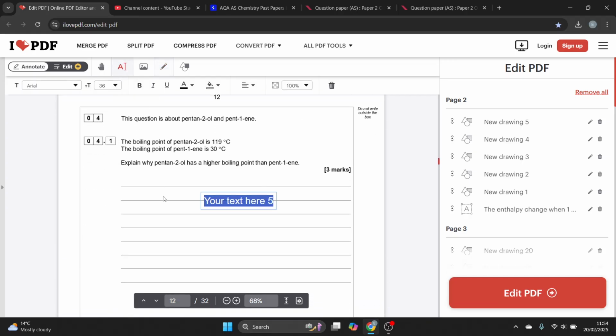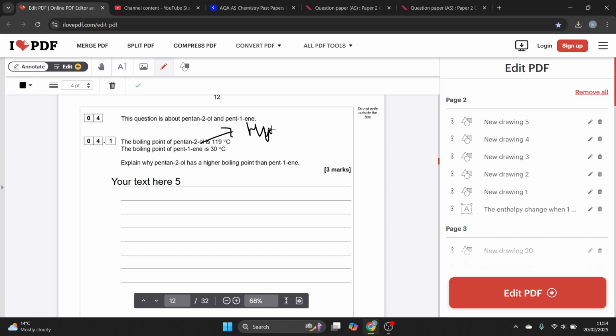Explain why pentan-2-ol has a higher boiling point than pent-1-ene. Now, before I even jump into this question, I know I'm going to have to talk about intermolecular forces, so why don't I just spot which ones they are? Pentan-2-ol: hydrogen bonds.